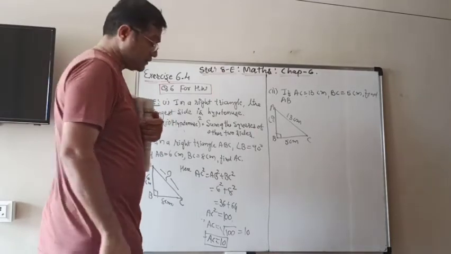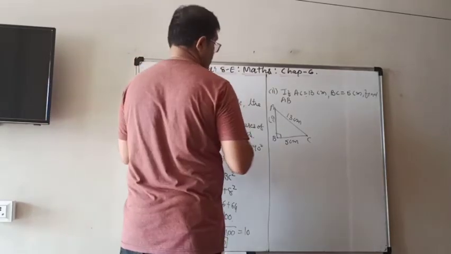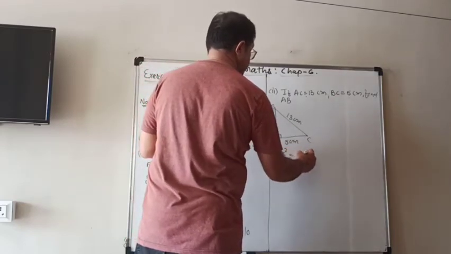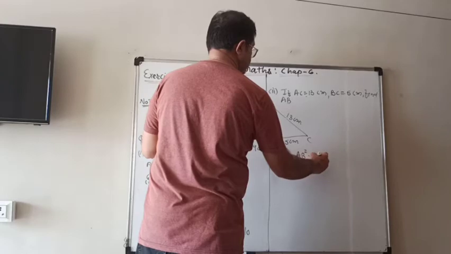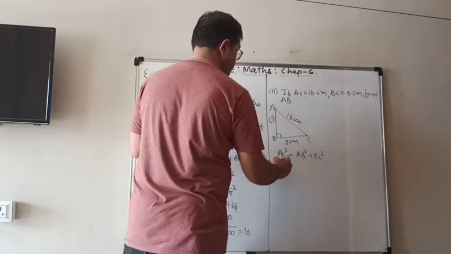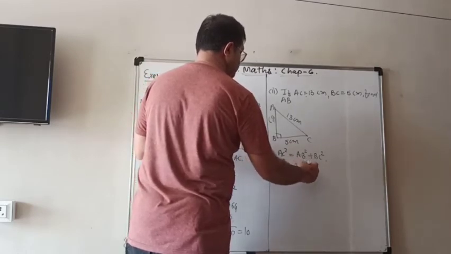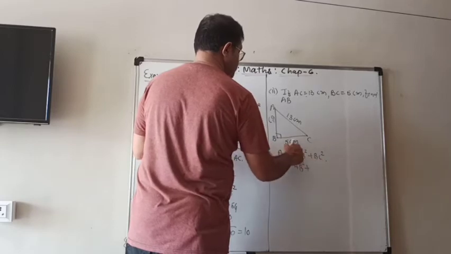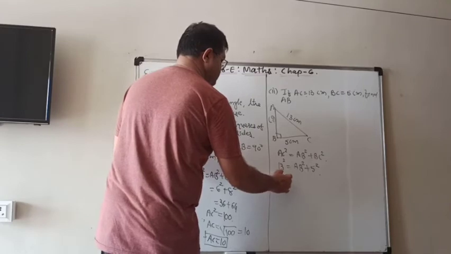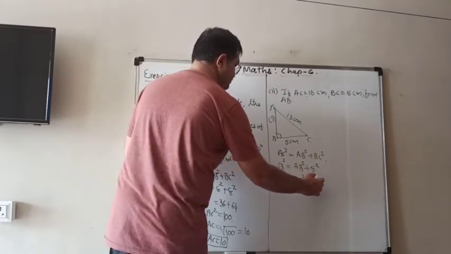But here also we have to use the same formula. Means AC square is equal to AB square plus BC square. AC is given, so 13 square is equal to AB square plus BC is given, 5 square. So 169 is equal to AB square plus 25.